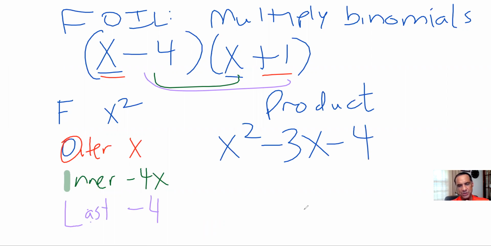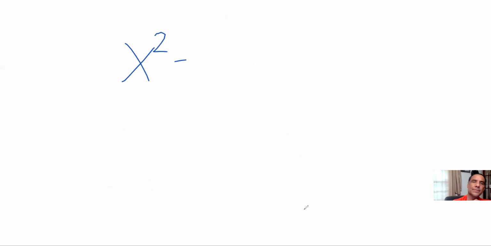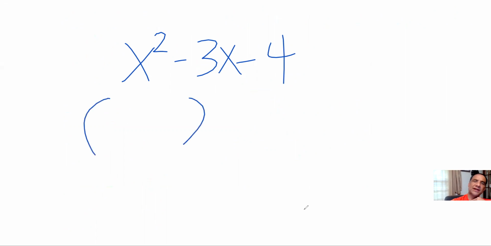Now, too many times in business math, you have to reverse that product. In order to reverse that product, one way a lot of people do it is mentally, because they've realized a few things.